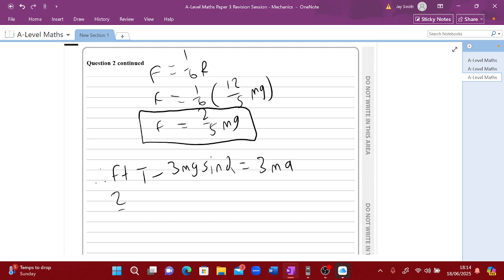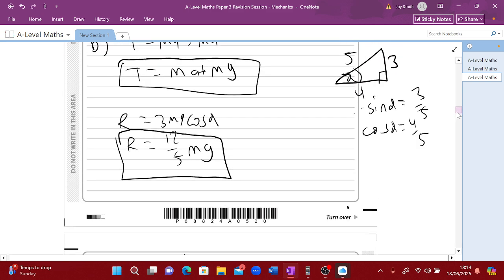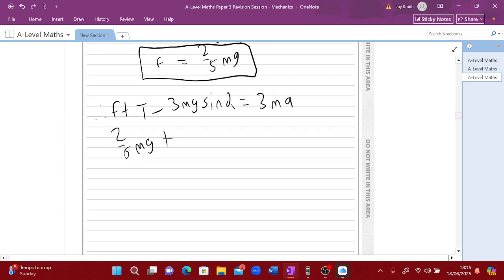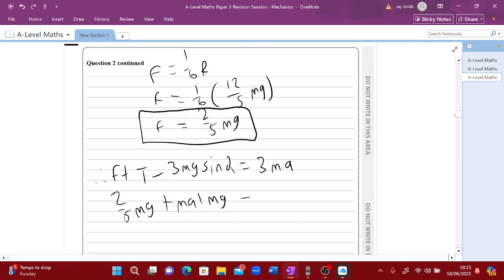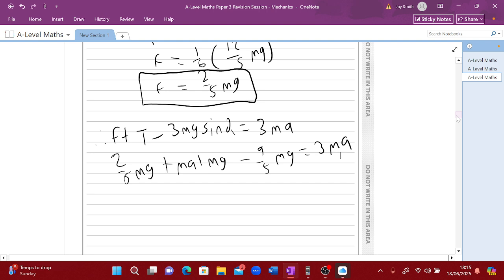But we know F is 2/5 mg and T was ma add mg, minus 3mg sine alpha. Now sine alpha again is 3/5. So 3/5 times 3 is going to be 9/5 mg equals 3ma. Now immediately I notice I can cancel the m's out because m is in everything. So therefore I could say 2/5 g add a add g minus 9/5 g is equal to 3a.